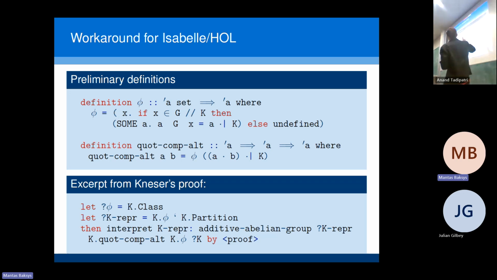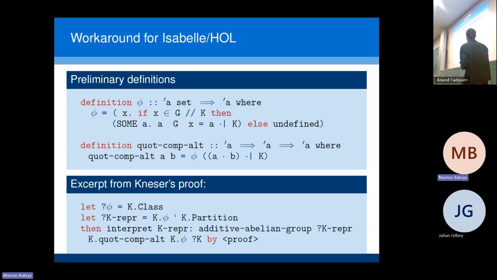So our function phi is defined to take an element x in a factor group, so a quotient group, and spit out some representative A such that x is equal to the coset given by A of the quotient group. So this again uses choice in this case and leaves the function undefined otherwise.